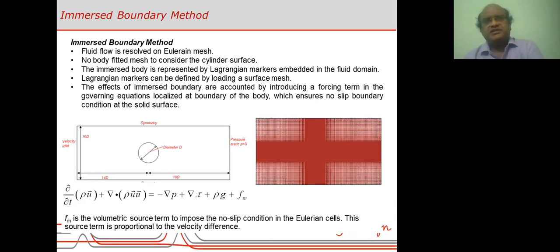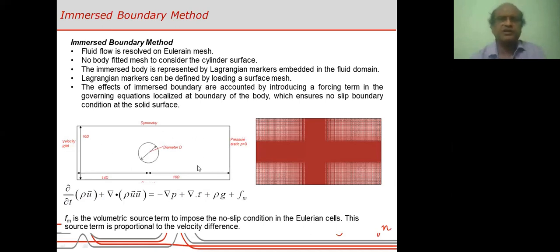So in this case, let me introduce one method which is called immersed boundary method, which is gaining popularity currently due to various reasons. If you look at this problem of a flow around a cylinder, this problem can be solved in a conventional manner by generating mesh inside the flow domain and having a surface where the cylinder is modeled as a surface, which you may already be familiar with.